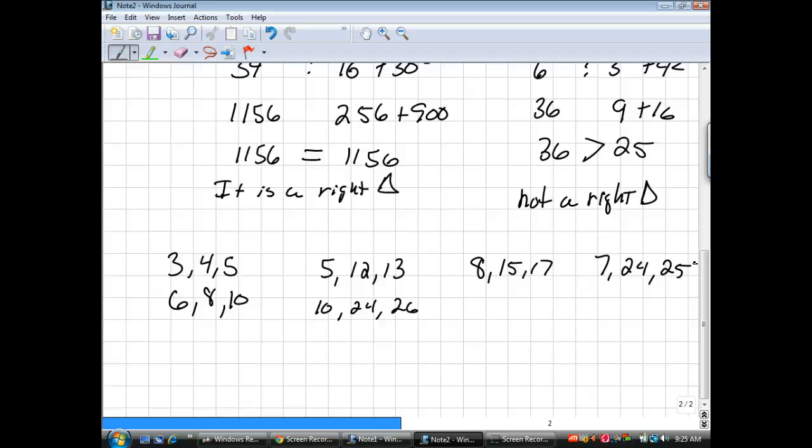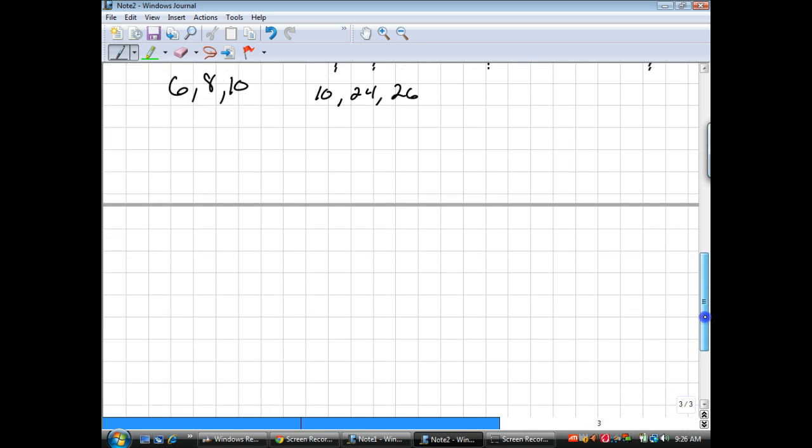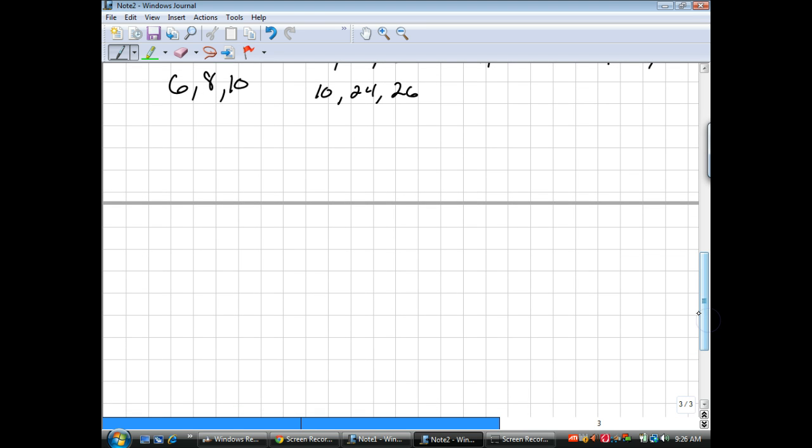Okay. Now it turns out that we can determine what kind of triangle we have by determining is the square of the longest side greater than the sum of the squares of the other two, or is the square of the longest side less than the sum of the squares of the other two. And the theorems go like this.